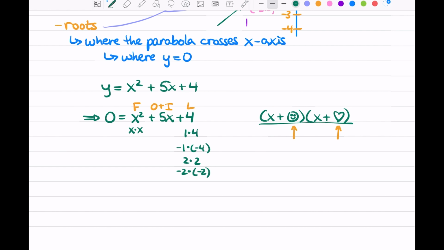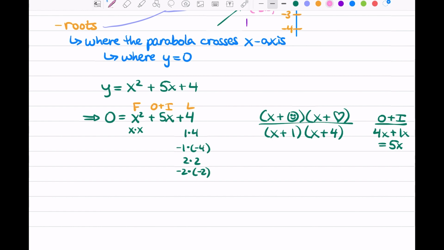So let's try out these options. Looking at our first option, if we put in 1 for smiley face and then 4 for our heart, we just need to check if our O plus I matches our polynomial. So in this case, O would be 4 times x, I would be 1 times x, that equals 5x.